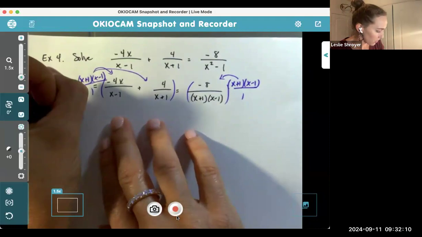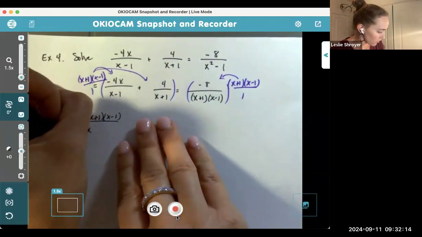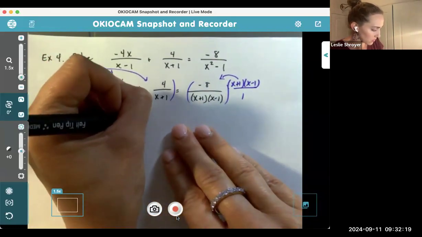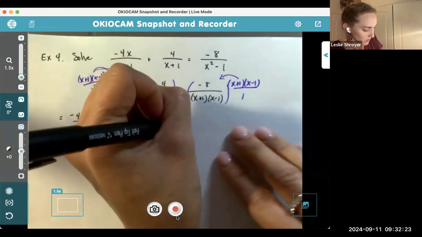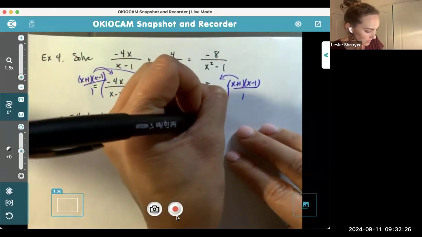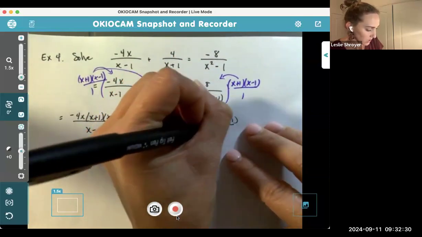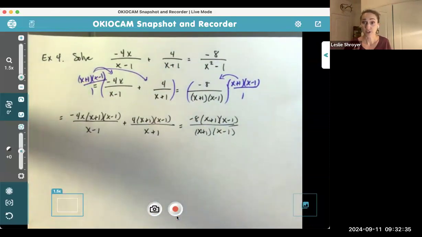So I have negative 4x times x plus 1 times x minus 1 over x minus 1, plus 4 times x plus 1 times x minus 1 all over x plus 1, equaling negative 8 times x plus 1, x minus 1 over x plus 1, x minus 1. How are we doing so far? What questions do we have, if any? We have done something similar to this in class before, yes.